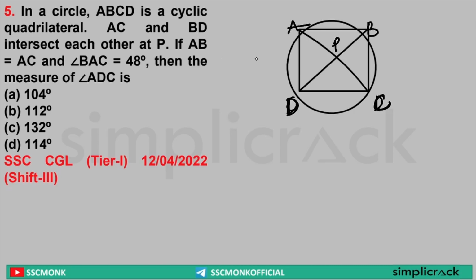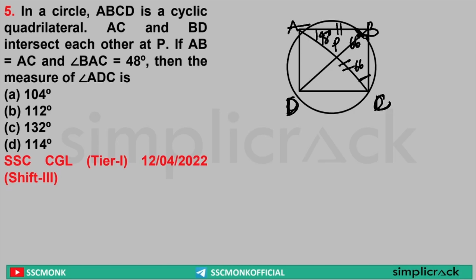Now AB is equal to AC. That means this angle is equal to this angle. BAC is equal to 48 degrees. That means these two angles total is equal to 180 minus 48, that is equal to 132 degrees. 132 degrees divided by 2 is equal to 66 degrees.